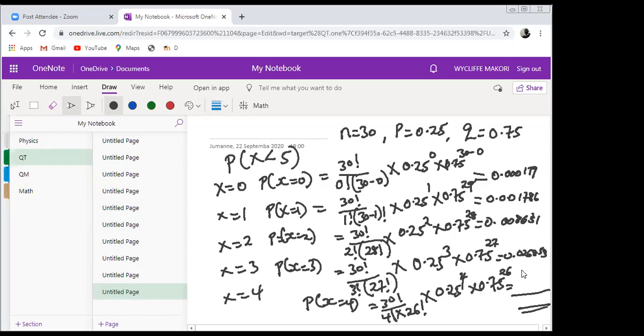And then lastly, we can do that 30 factorial, divide by, sorry, not times but divide.